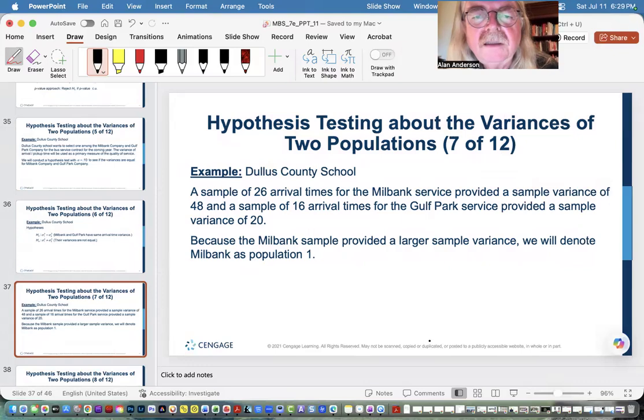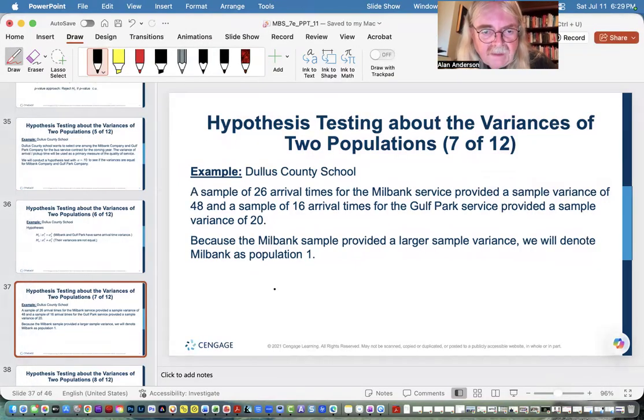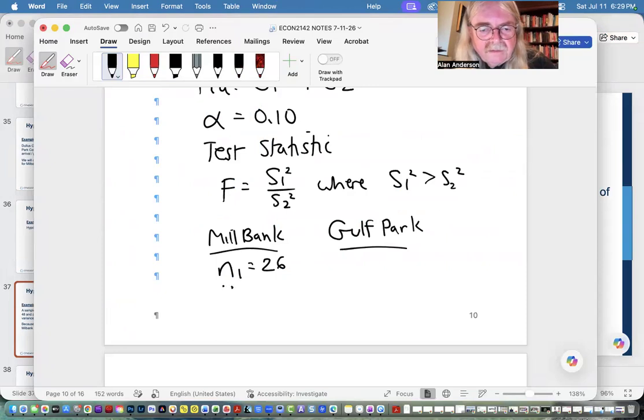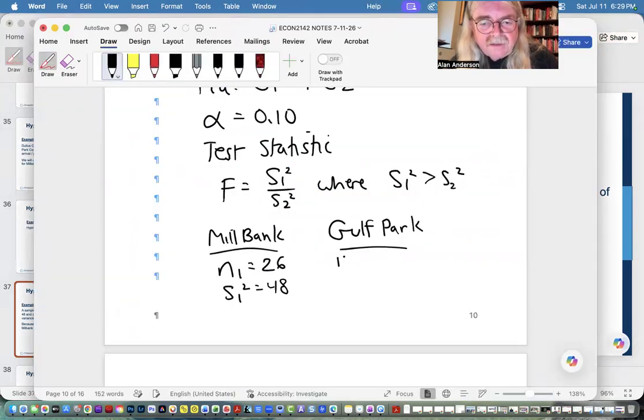Millbank has 26 in its sample. Sample variance is 48. And for Gulf Park, it's 16, and the variance is 20.